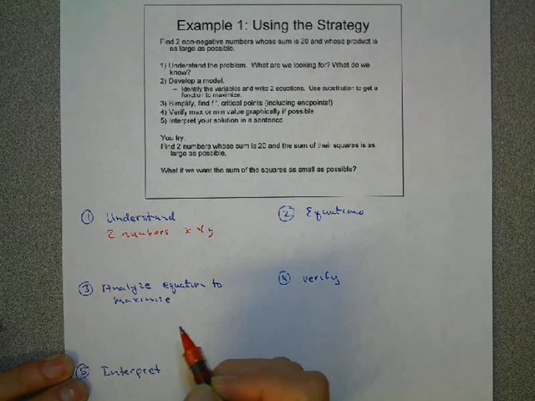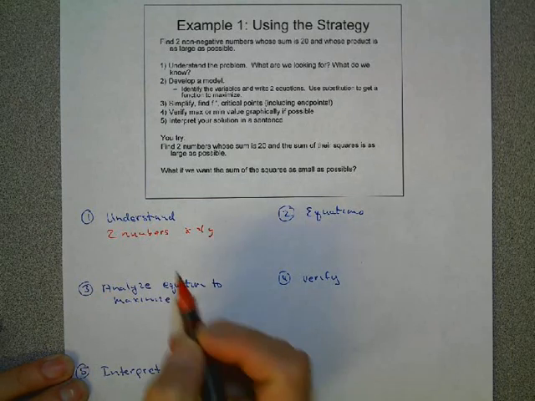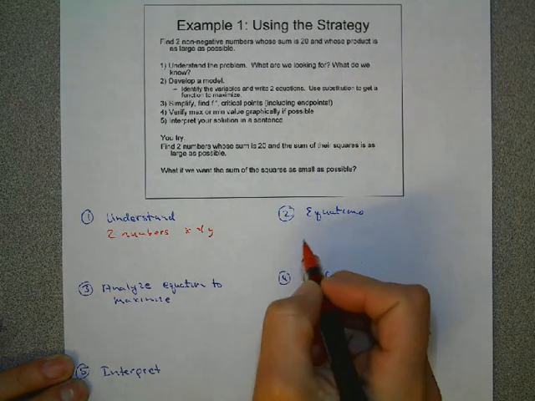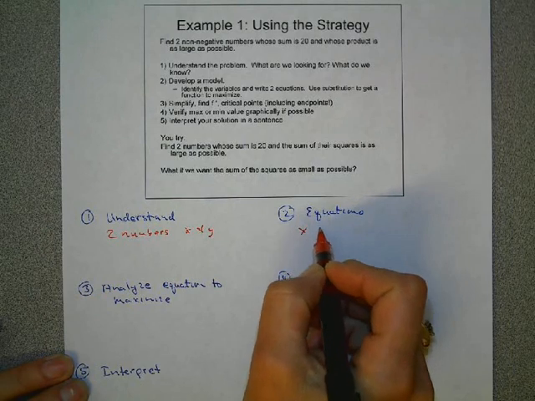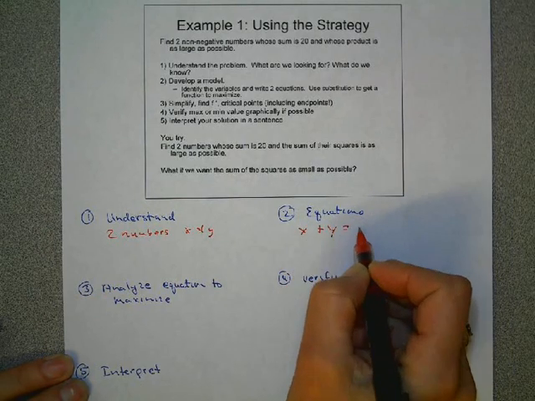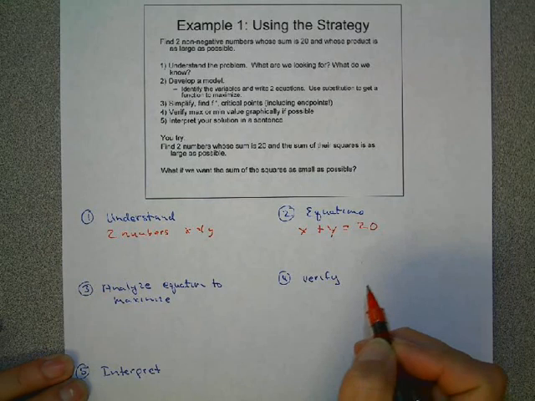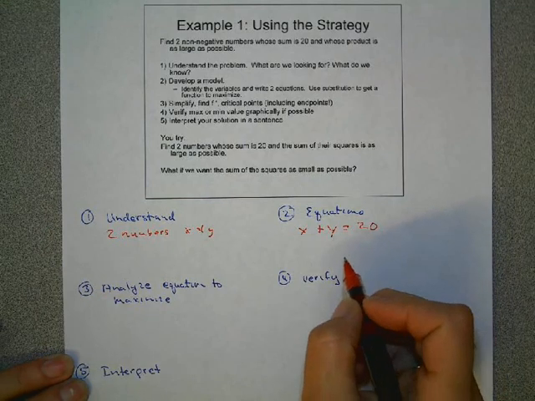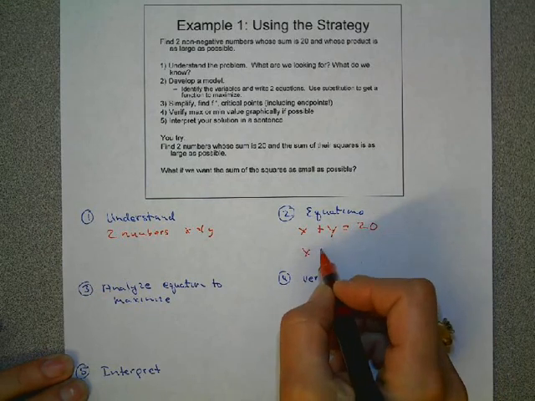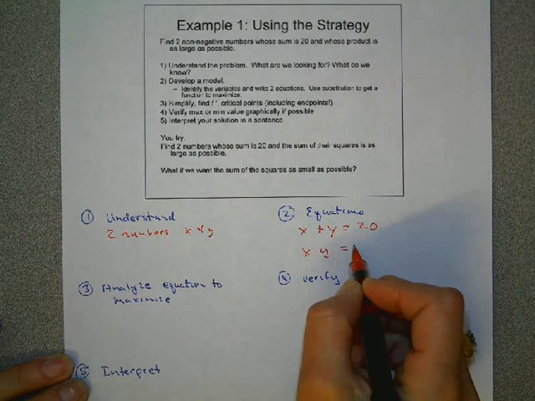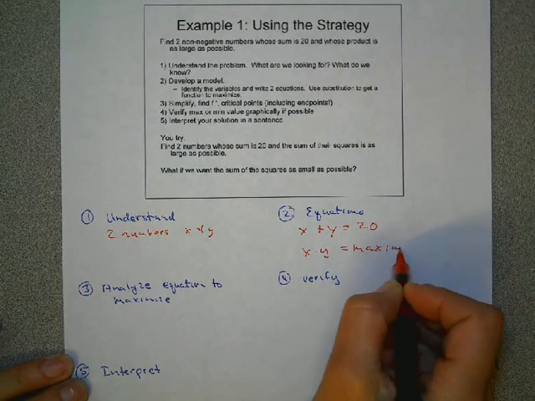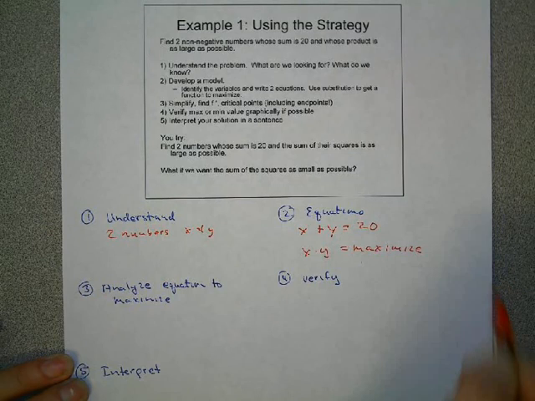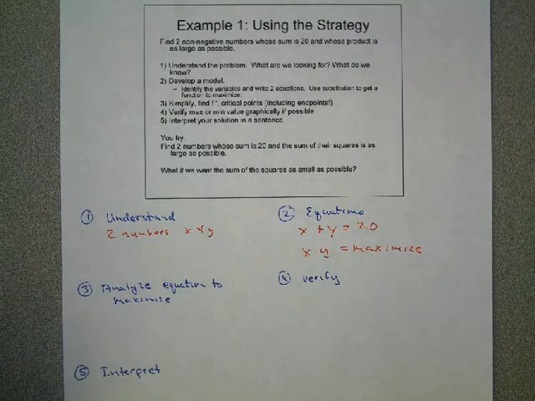Those two numbers, when we add them together, need to equal 20. Now, when we multiply them, the product, that's what we want to maximize. So we want to find the largest product possible.